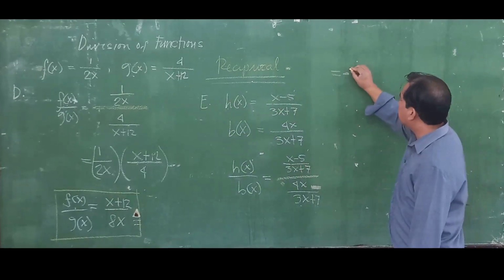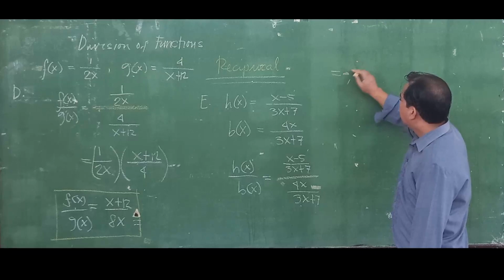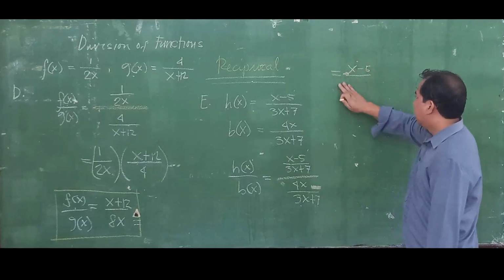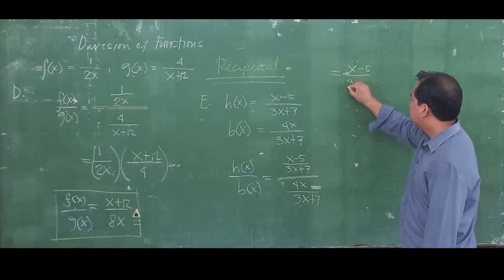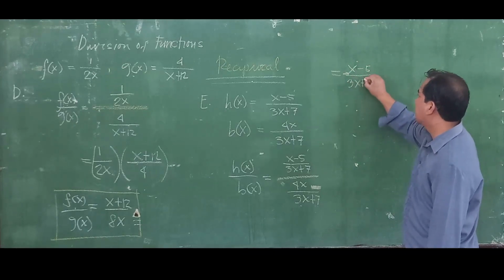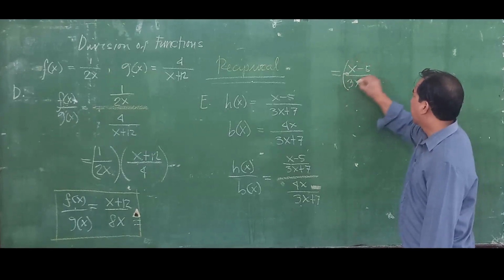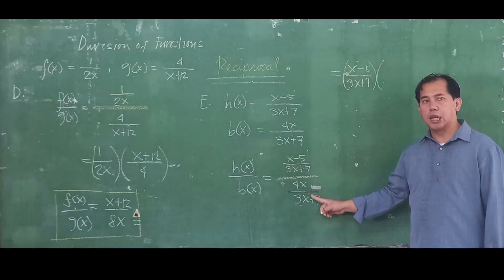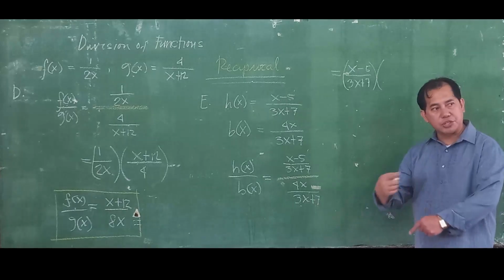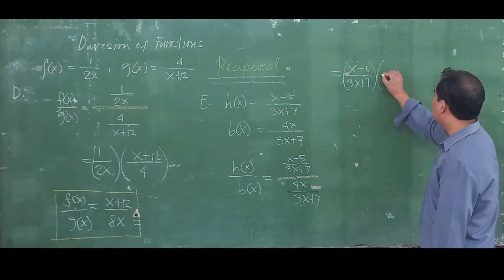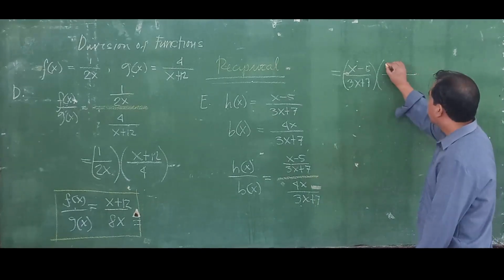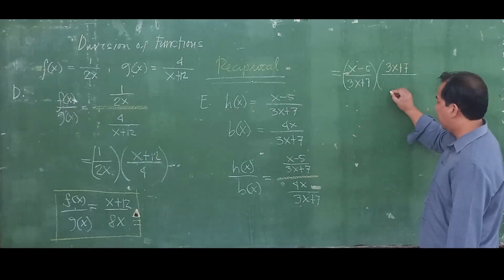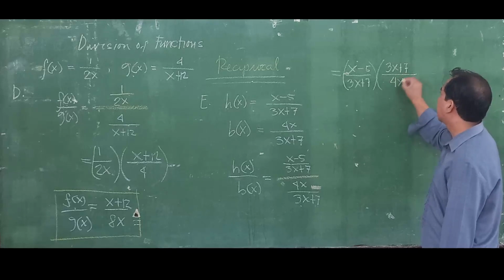That is the same as x minus 5 divided by 3x plus 7, multiplied by the reciprocal. What is the reciprocal? You just reverse. So we have 3x plus 7 over 4x.